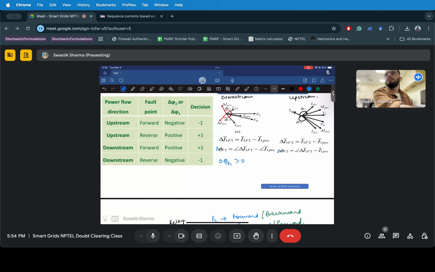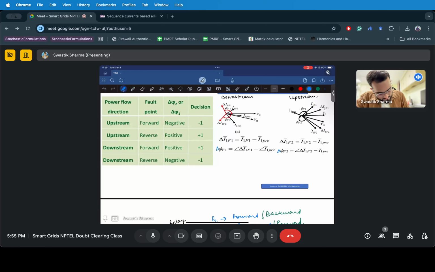The instructor's sheet. Hmm. So it's negative here, right? Okay, I got it. So let's, yeah, it took time, but yeah.